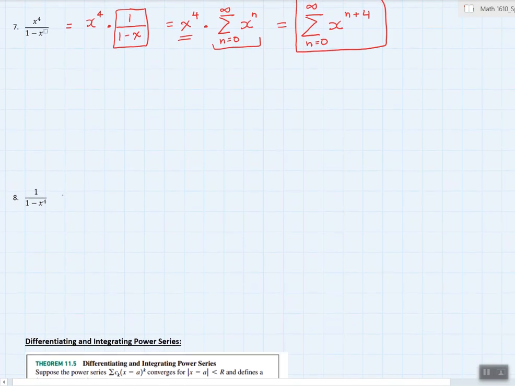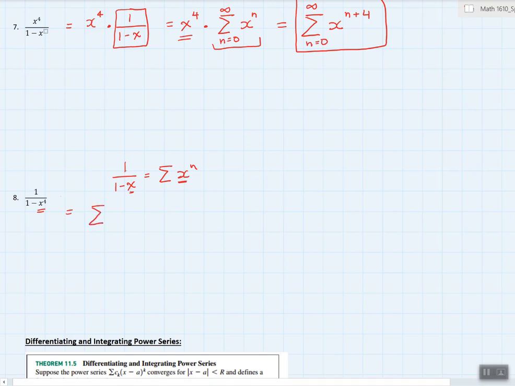So suppose I want to do this. Now we know that 1 over 1 minus x is the summation of x to the power n. Now here I see x to the power 4. So wherever I see x, I'm going to write x to the power 4. So it would be summation.